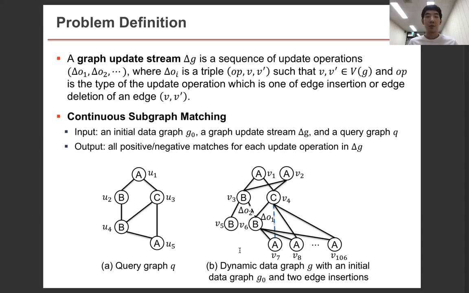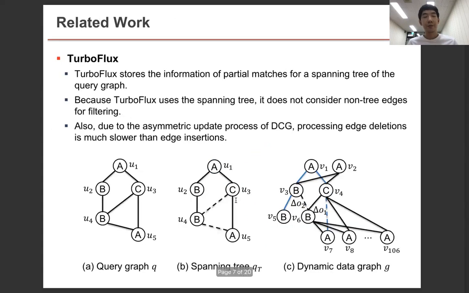Here, positive matches mean the new matching results and negative matches mean matches that are deleted. When delta O1 is inserted, there are no positive matches, and when delta O2 is inserted, there are positive matches of Q. The blue subgraph is one example of a new match.